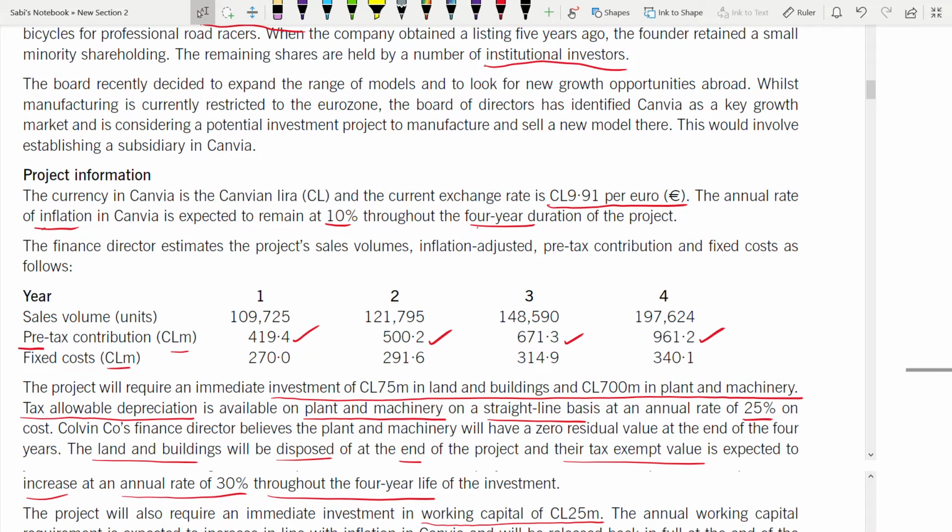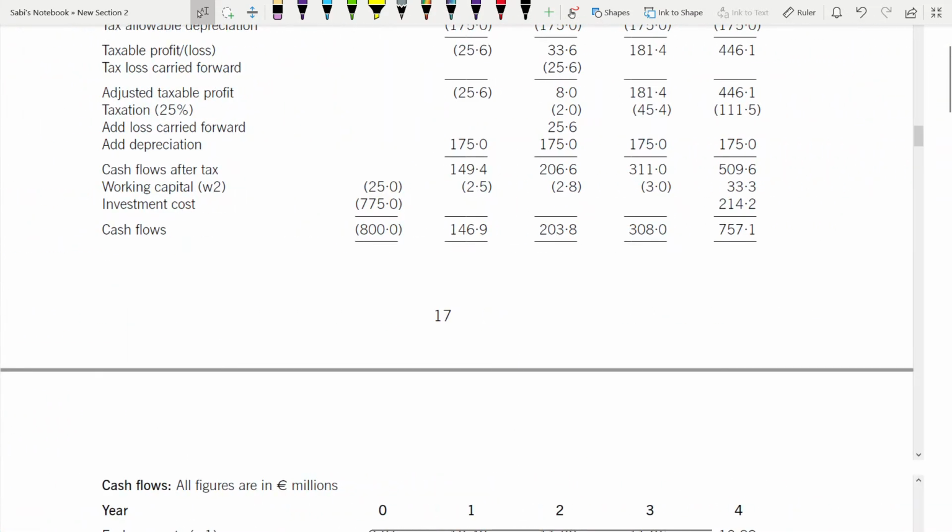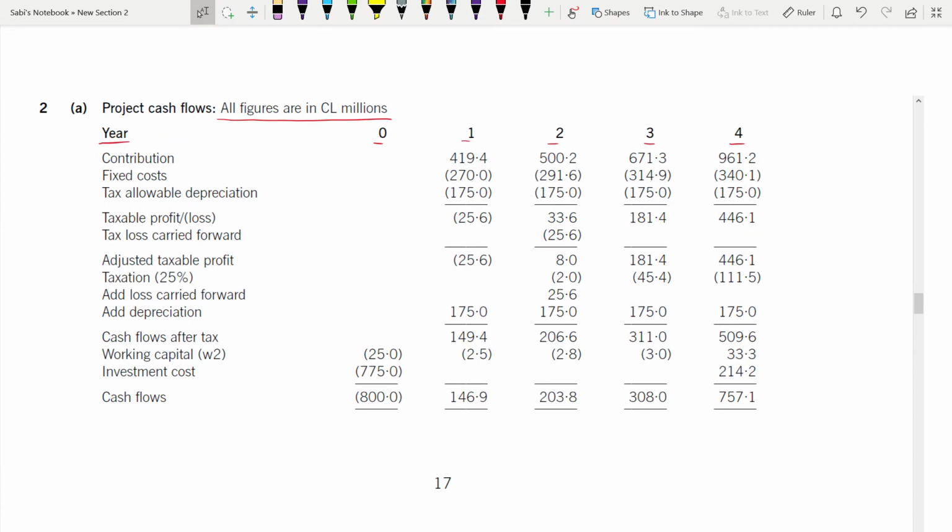Once it is ticked, you know that you have used it and written it in the main table. So now I know that pre-tax contribution I've taken 419.4, 500.2, 671.3. Let's see from the table here. Yes, so contribution is done. Put a tick. You don't have to put a tick in your paper when you're writing the answer. I am putting a tick for you to explain that we are done with contribution.